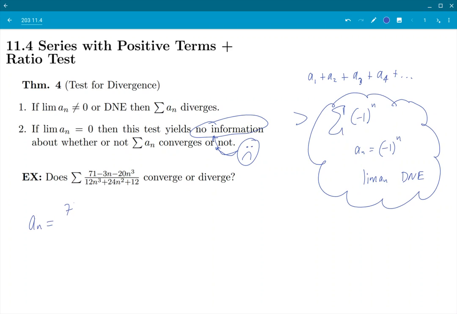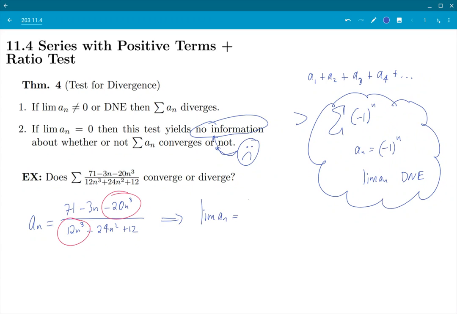a_n is equal to the corresponding sequence, so you just drop the sigma. For the limit, you just need to focus on the dominant terms in the numerator and denominator.